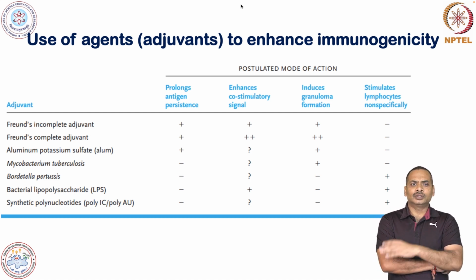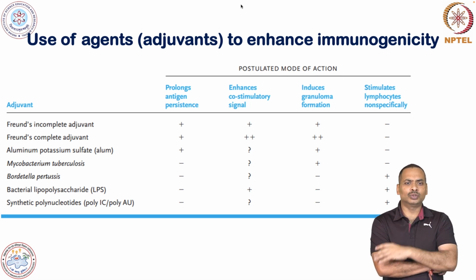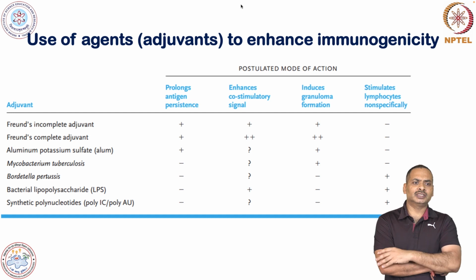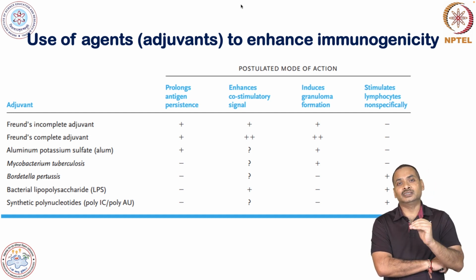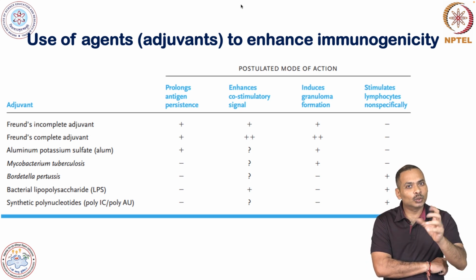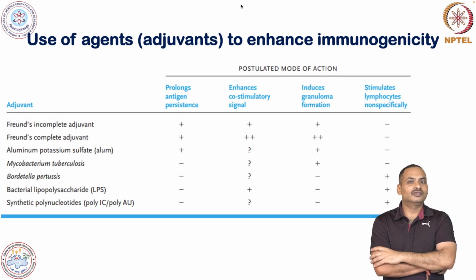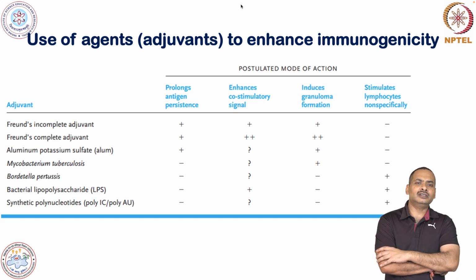The probable mode of action for Freund's incomplete adjuvant is prolonged antigen persistence, and this we achieve by making an emulsion, and there will be slow release or slow phagocytosis by the phagocytic cells. It enhances the co-stimulatory signal.